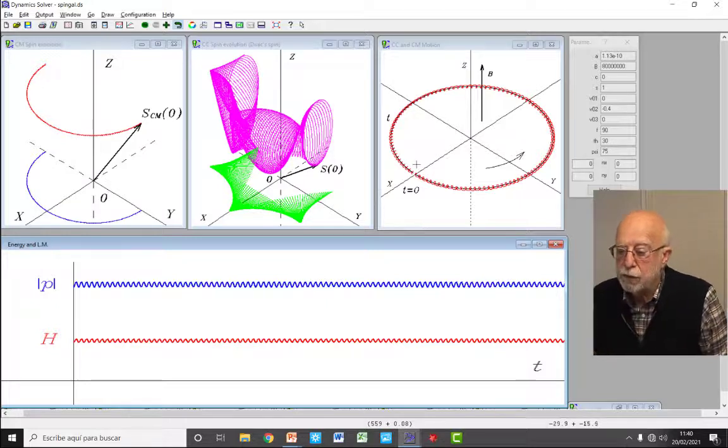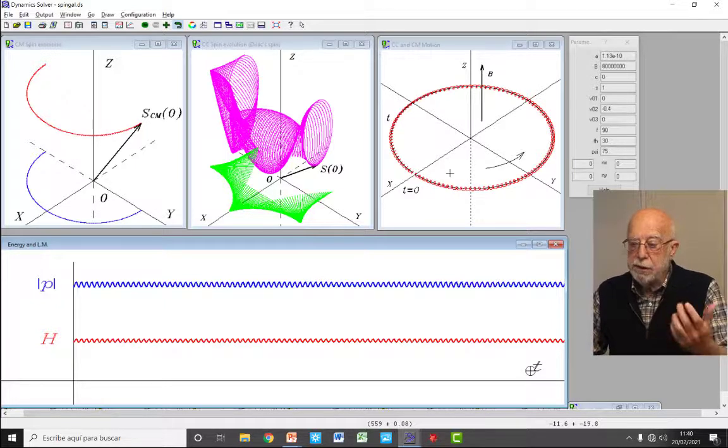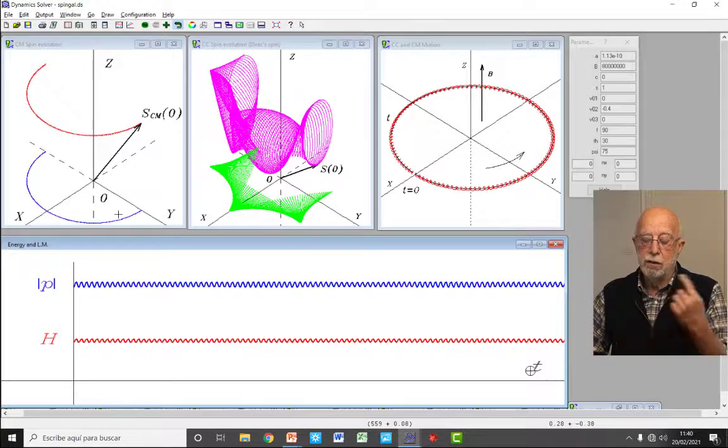Okay, so this is the center of charge moving around the center of mass motion, but what we see is the cyclotronic motion has an angular velocity along the direction of the magnetic field. However, the center of mass spin is precessing backwards. We have the angular velocity in the opposite direction.